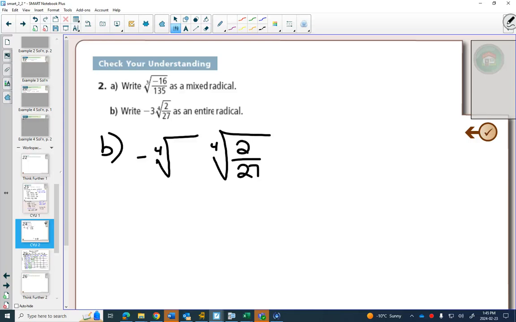And the negative has to stay out in front, because for even indices, you can't have a negative inside. Just like you can't square root a negative, you're not allowed to 4th root a negative, 6th root a negative, 8th root a negative, 10th root a negative, any of those. So the negative still has to stay out, but I want to change my 3 to a 4th root.